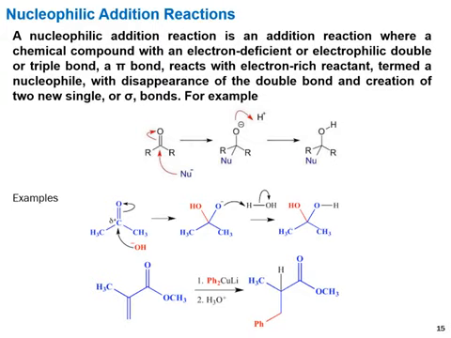Double bond means carbonyl bond. Then it gives the oxyanion. The oxyanion takes the proton and gives the final product. Overall, you can see on the double bond, nucleophile and hydrogen add. This is the example of a nucleophilic addition reaction.